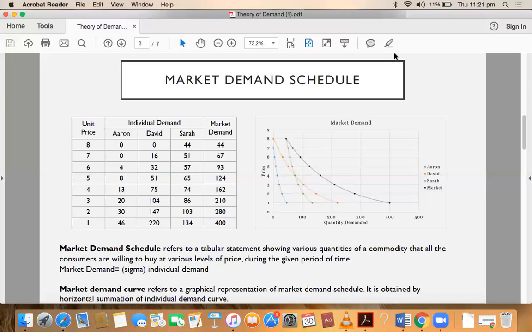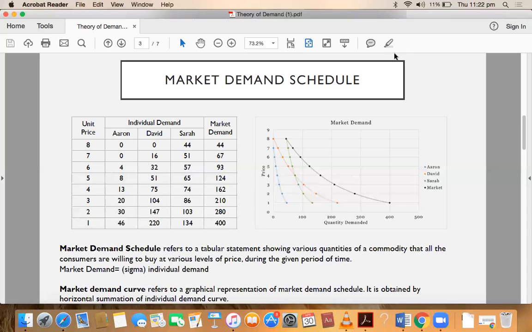on y-axis. Now, the individual demand curve of Aaron is shown here in blue color, where at the price of rupees 1, Aaron's demand is 46. You can see it, Aaron is demanding 46 units of the commodity. A dot is plotted on the graph, which is 46.